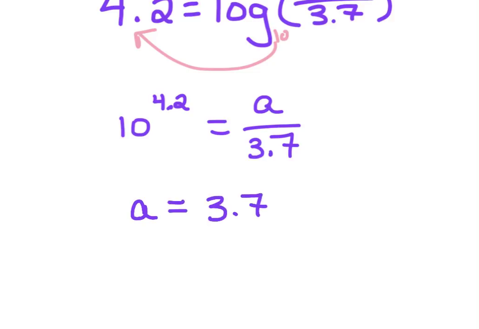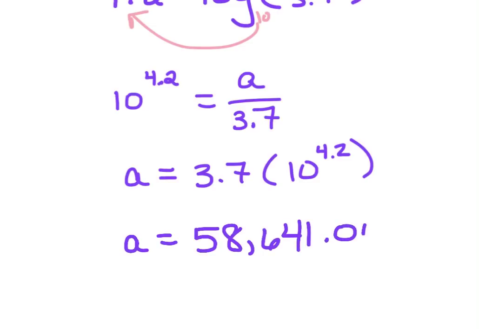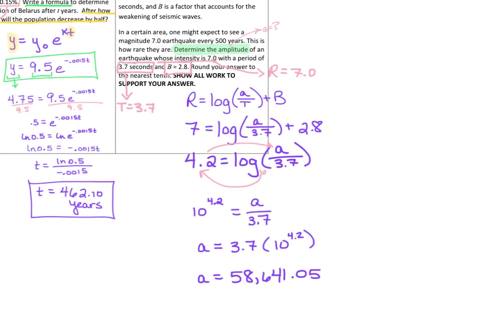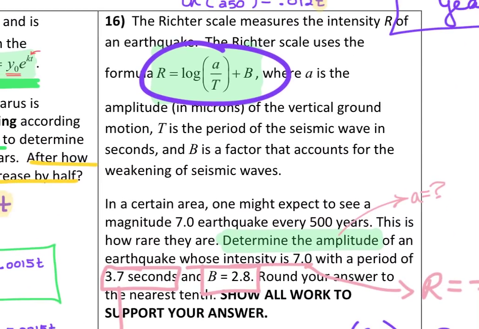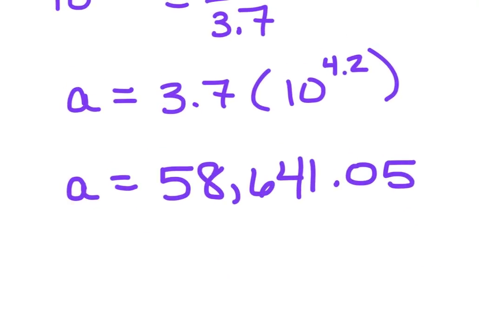So 3.7 times 10 to the 4.2 power, and that whole thing is A equals 58,641.05. And again, Applebacher loves units, and so it tells you up here that the amplitude is given in microns. And so in my answer, I'm going to write microns.